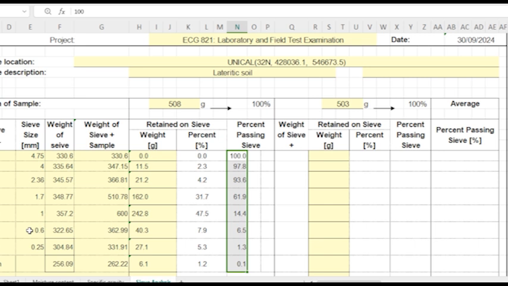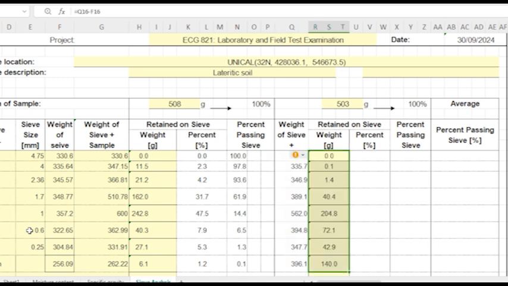As it stands, you cannot just rely on one experiment. You carry it out for at least 2 different values to find the average. So the same experiment is repeated for the second material. Weight of sieve is already there. Then weight of material retained on the sieve is also there.